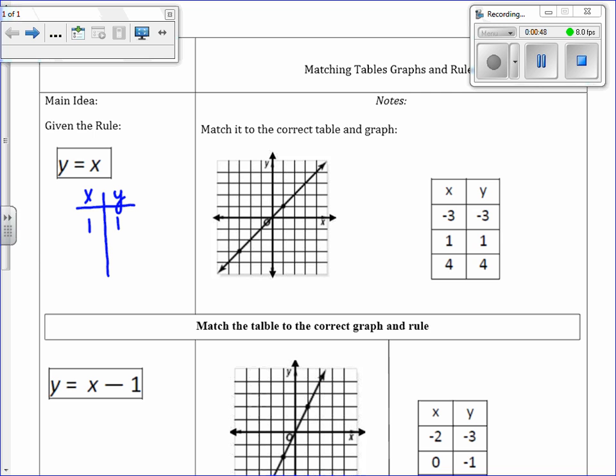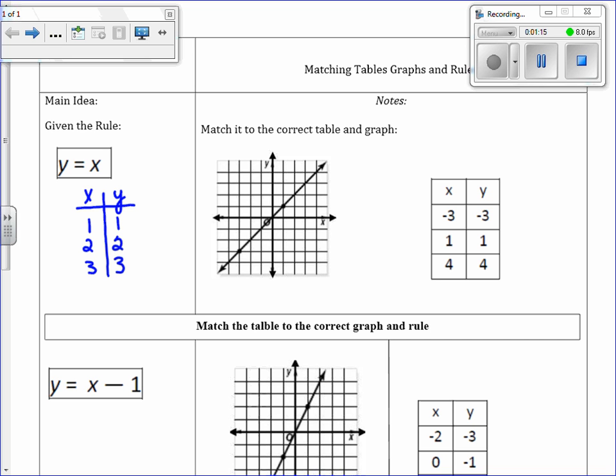If x is 2, y has to be 2, because like it says, y equals x. So that's telling me whatever x is, y is, or whatever y is, x is. If x is 3, y is 3. So just looking at that, I can say, okay, that makes sense, just looking at this rule.